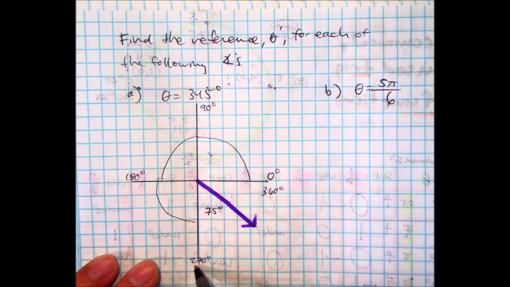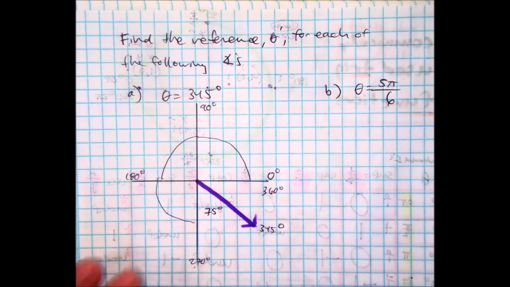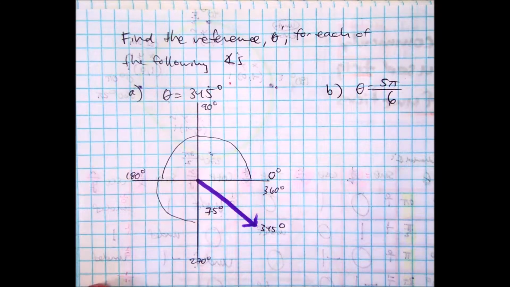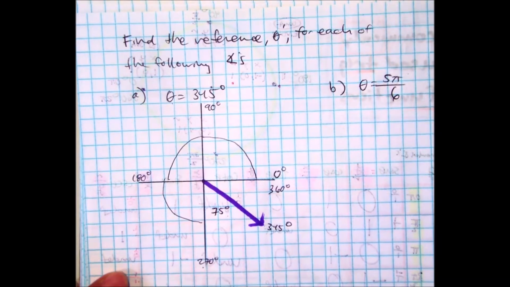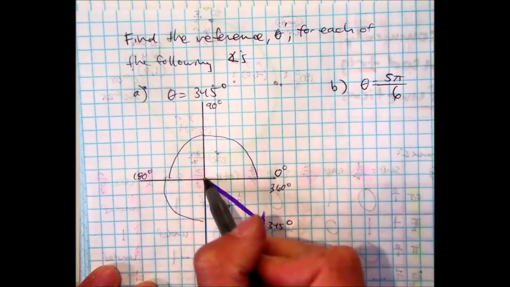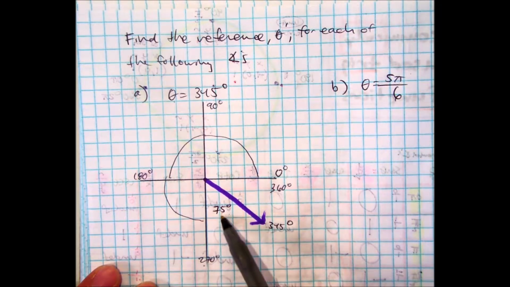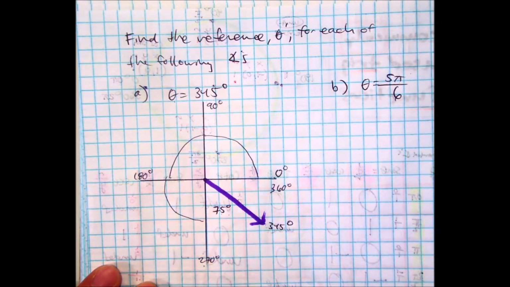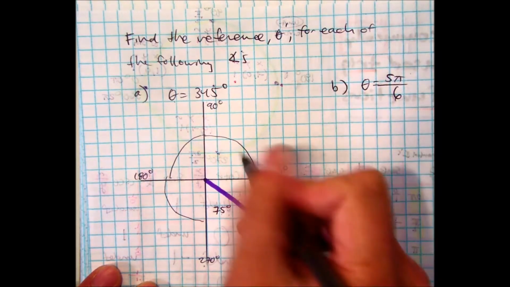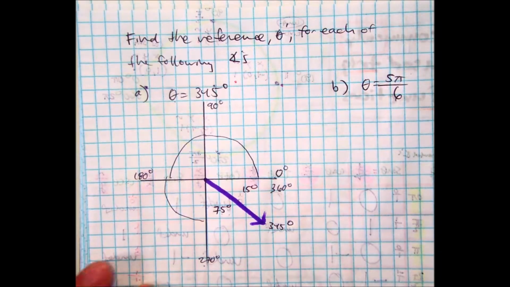Right? 270 plus 75 gives me 345 degrees. What does that mean? That means that in this quadrant, a quadrantal angle is 90 degrees, so they're complementary. What's the complement of 75? Would be 15.